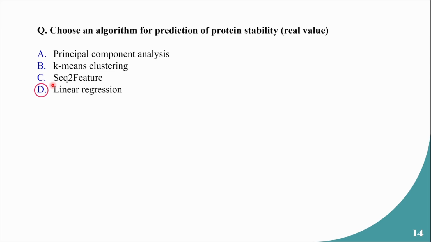In this case, the question was asked in that way because protein stability can be represented in different structural terms or parameters, such as I said, long range order, number of helices, number of sheets, or the total percentage of coil structures or unstructured loop regions present in the protein, right? So in this way, linear regression could be useful for predicting protein stability.